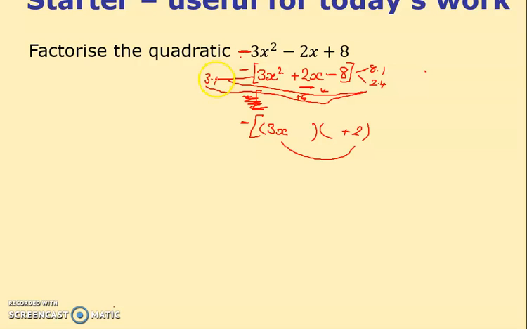So the other one is 1x, so I'll just put that there, and that one is attached to a 4. But that needs to be a negative 4, to get me the 6 take away 4 is 2. And therefore I've now factorized it.